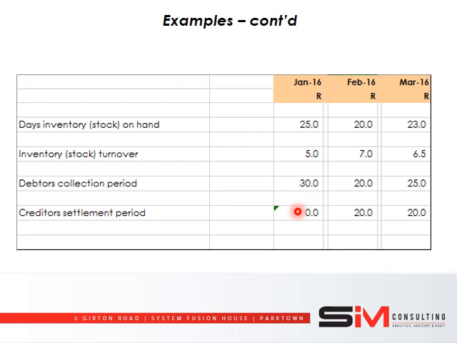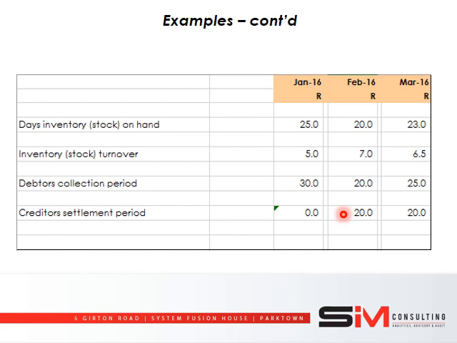So for the month of January we had more cash going out of the business to pay creditors at a quicker rate, while in February we have got longer days before cash goes out of the business to pay our creditors. Therefore our creditor settlement period for February is better than it is for January 2016.